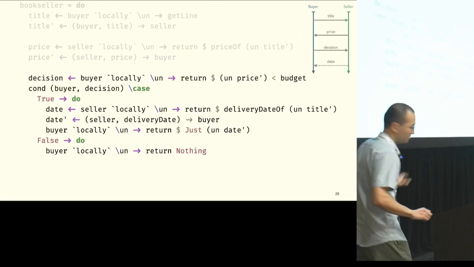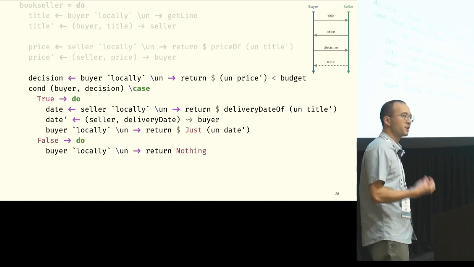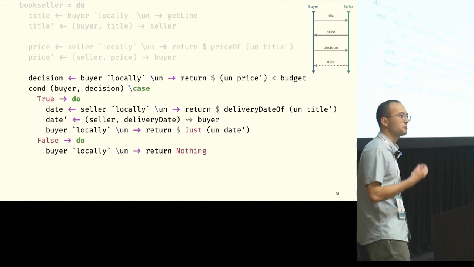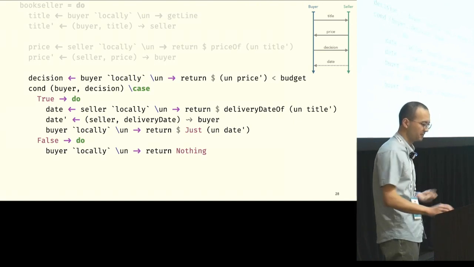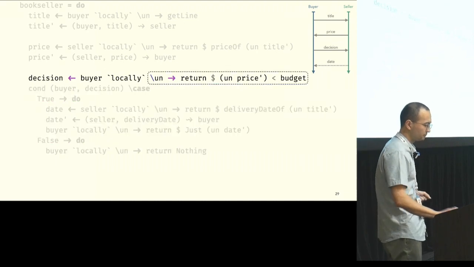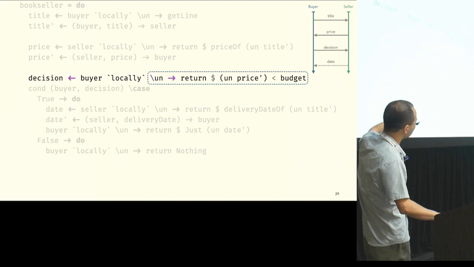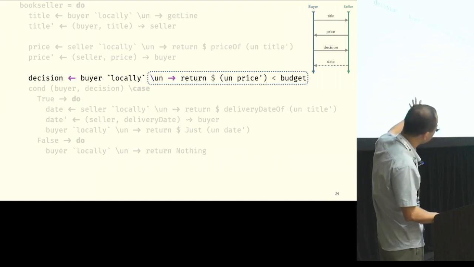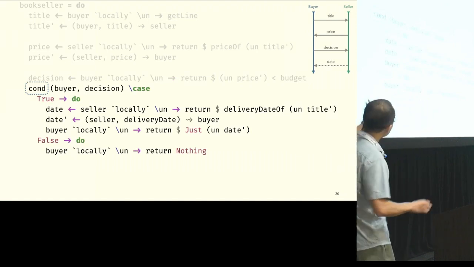Moving on, at this stage of the protocol, now the buyer needs to make a choice, and this choice will change the follow-up choreography. In HasChor, well, first we need the buyer to use locally to make this decision, basically checking whether the price is within its budget. Now it needs to make a choice.